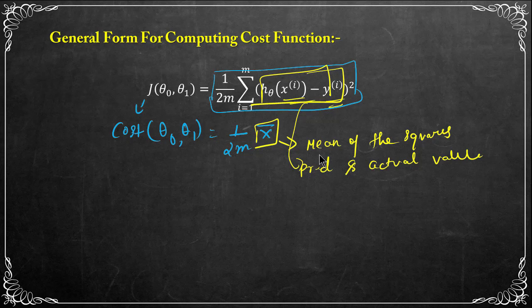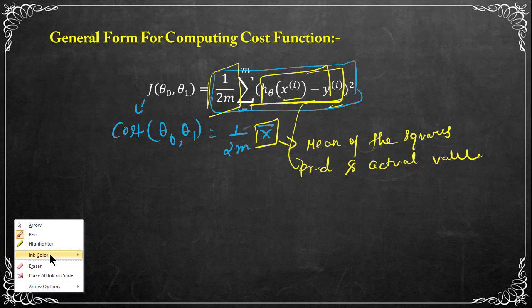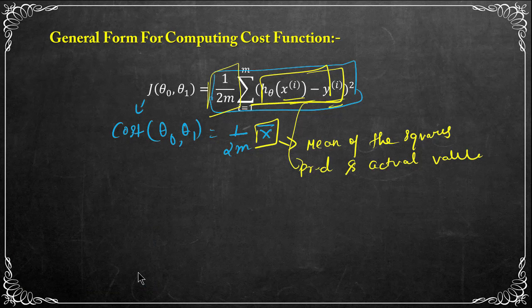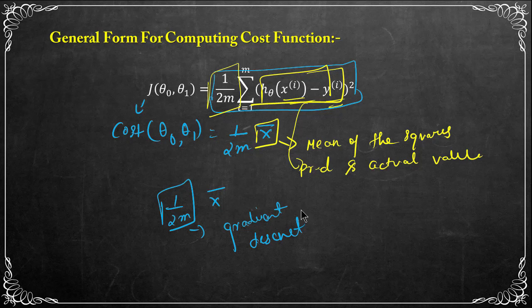Okay, now what is this 1 by 2m? We are taking half of the mean. So let me take the pen. We take half of the mean, 1 by 2m of our mean, which is this. This is for convenience in the computation for our gradient descent, because it will cancel out later when we do the mathematical computation.